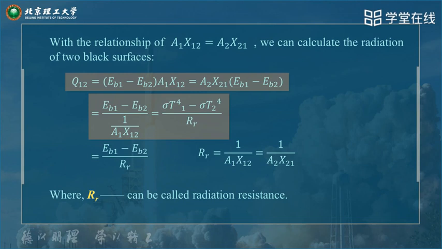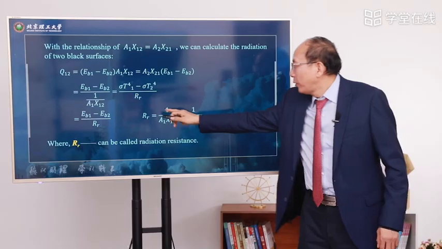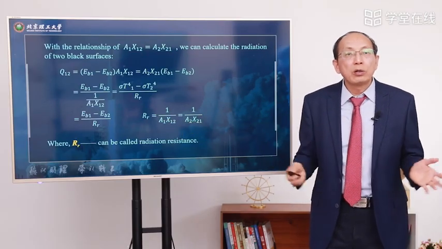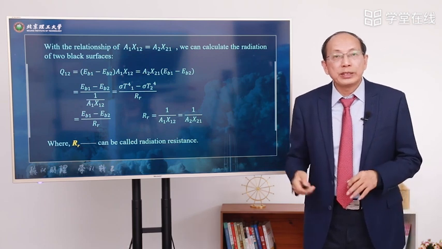We can think of this term 1 over A1 x12 as a resistance, the radiation resistance. So we use R to express it. So Q12 equals EB1 minus EB2 over R. This R is called the radiation resistance.